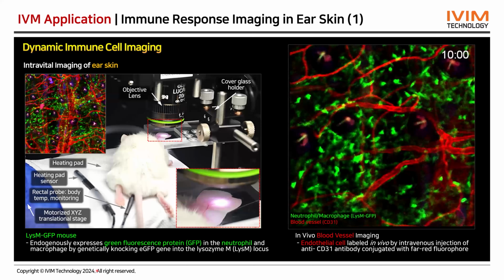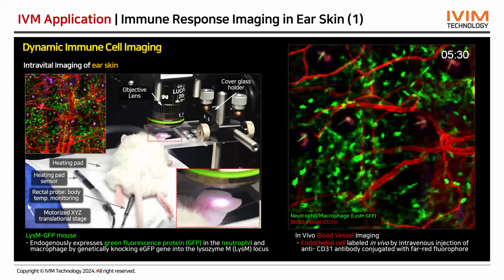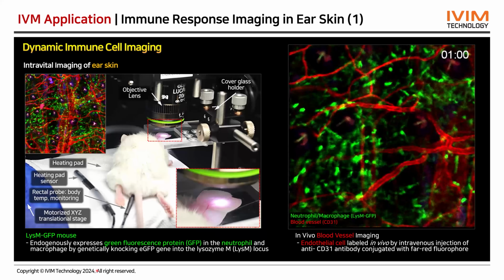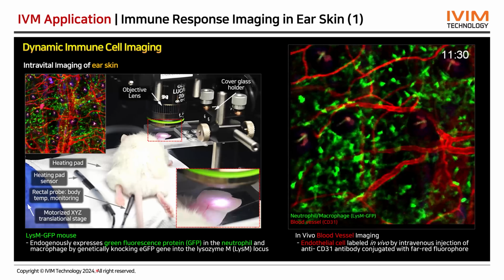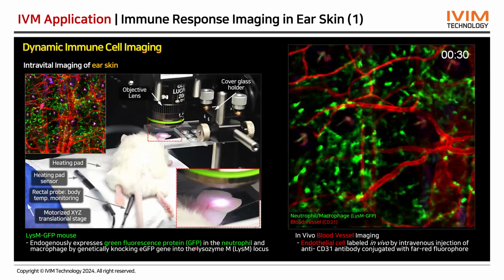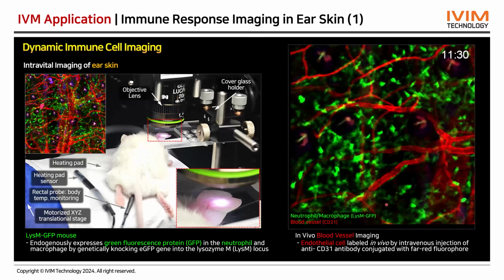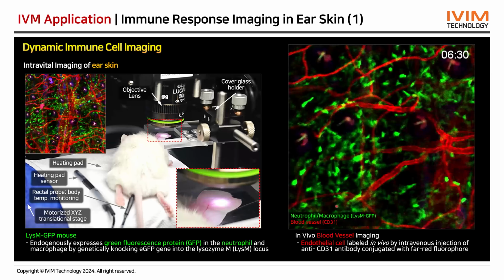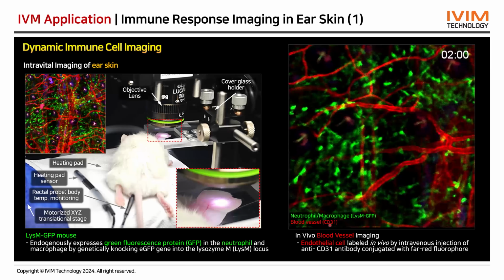Additionally, we utilized an in vivo labeling kit consisting of anti-CD31 antibodies conjugated with a far-red fluorescent dye to specifically stain blood vessels. As shown in this video on the right, we successfully stained the blood vessels. So in the time-lapse movie captured at 30-second intervals, you can observe the active movement of the immune cells.